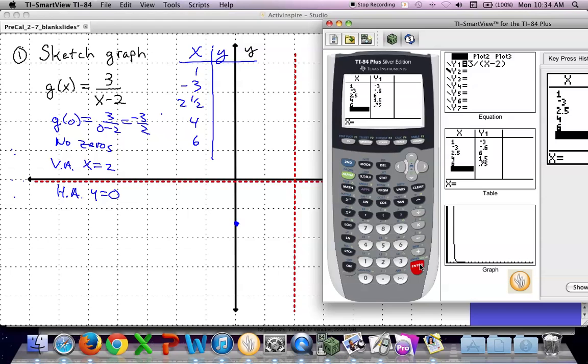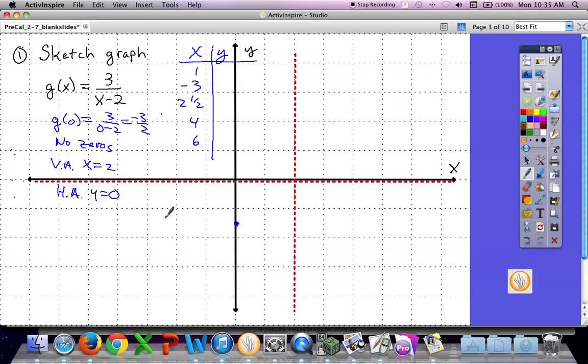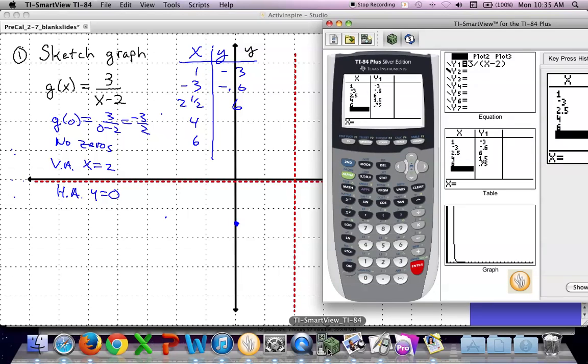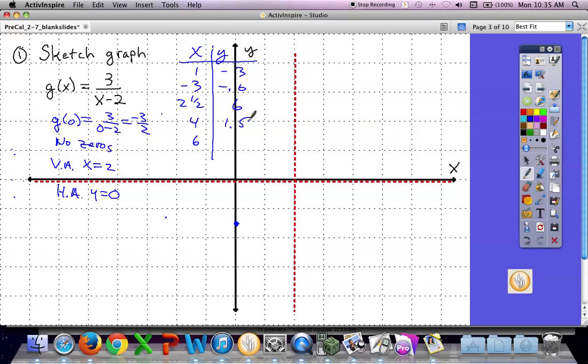Okay, so now let's do that. Negative 3, negative 0.66. And 1.5, 0.75. So let's graph those points.